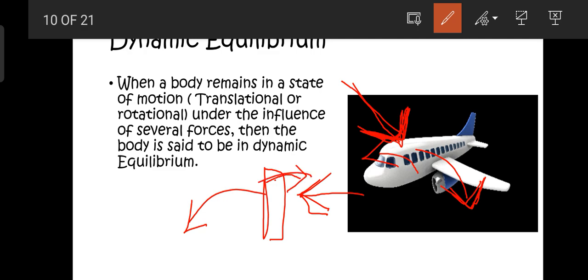So several forces: one force by the pilot and another force by the wind.